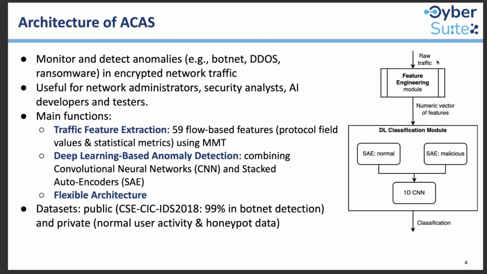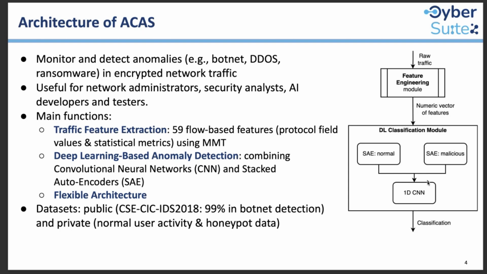It begins with the feature engineering module, which parses the raw traffic in pcap format to extract flow-based features, including protocol field values and also statistical metrics, using our tool MMT. The extracted features are processed by the deep learning classification module. Here we chain two stacked autoencoders, one for normal traffic and one for malicious traffic.